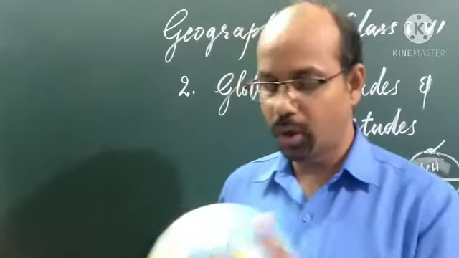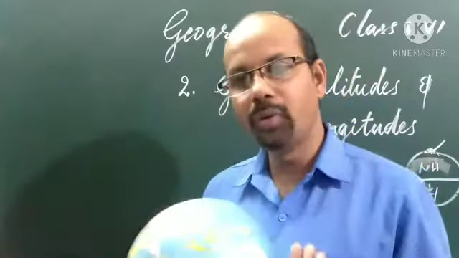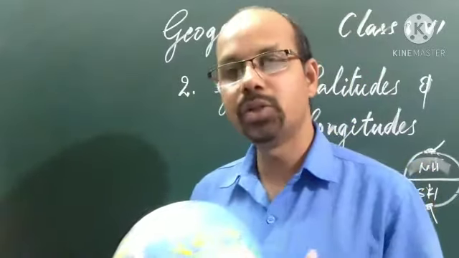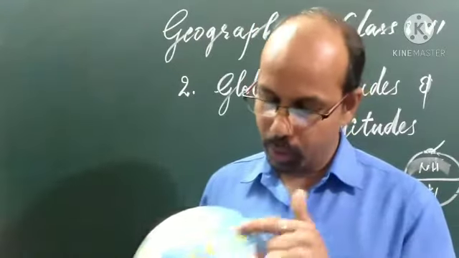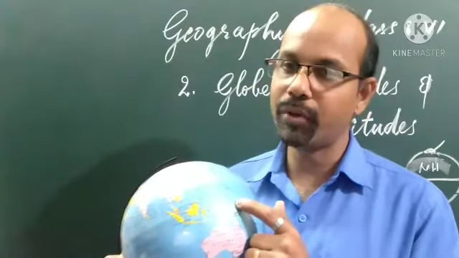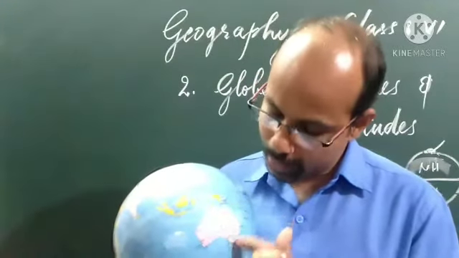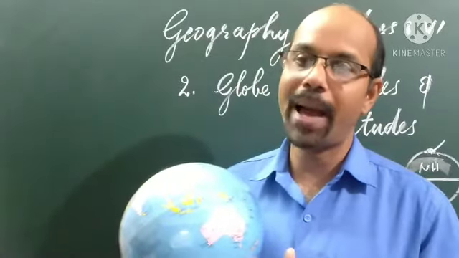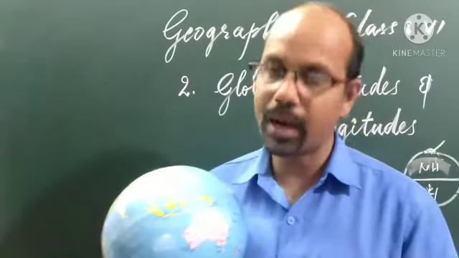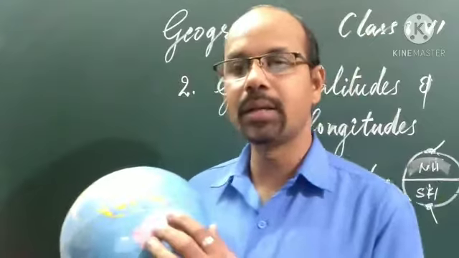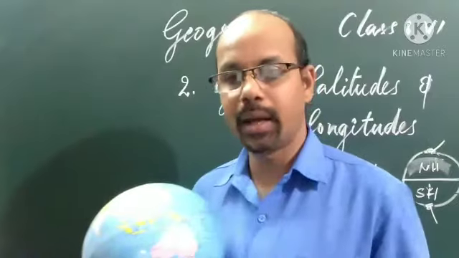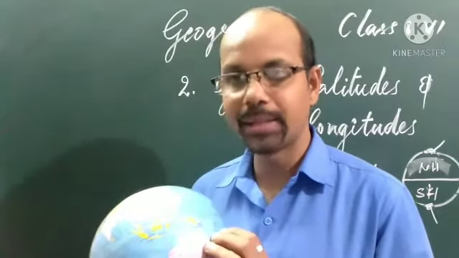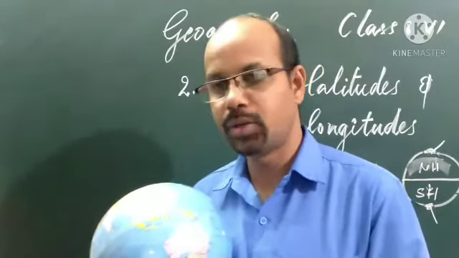So these circles or lines, parallel to the equator and up to the poles, are called parallels of latitude. Other lines are also called parallels of latitude. There are many other lines. So we will study how many parallels of latitude there are in the coming class.